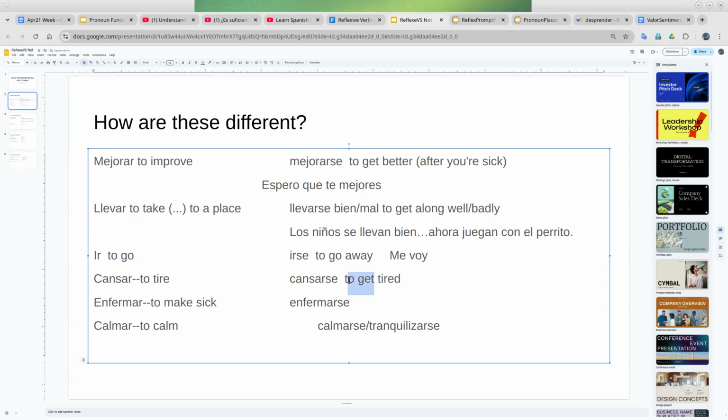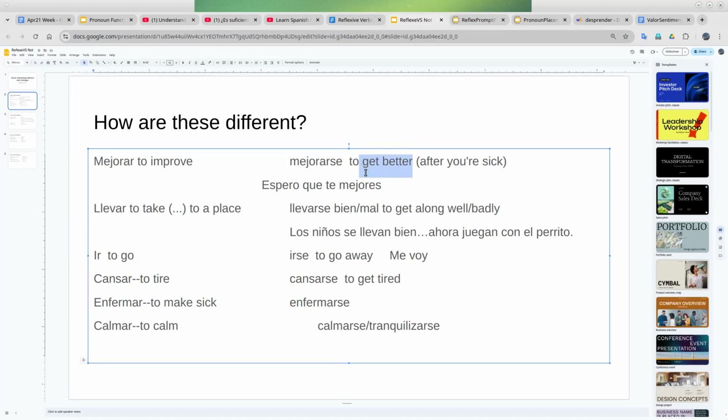And get is the real idea here. Making that reflexive means you're getting into the state. Se often can be translated in many cases, not all, as this idea of get. We have this with mejorarse, to get better.